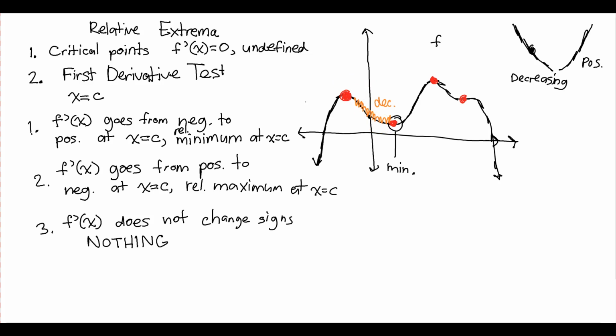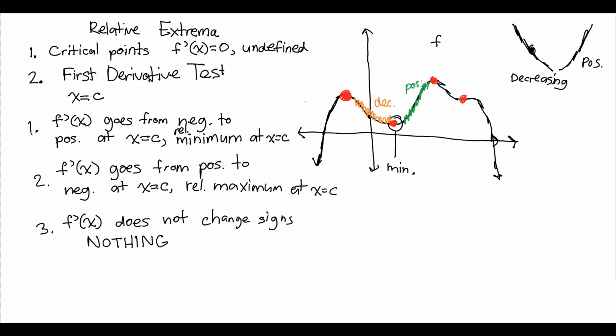F prime goes to positive. So if it goes from negative to positive, that means you will have a minimum at that point.